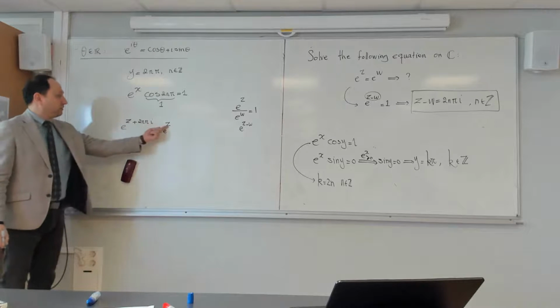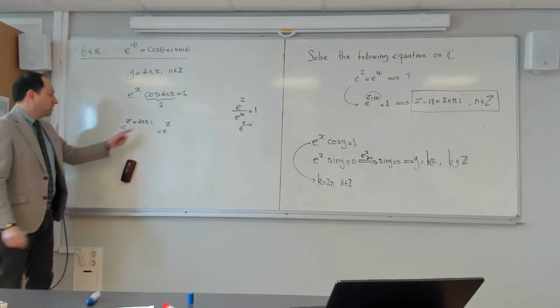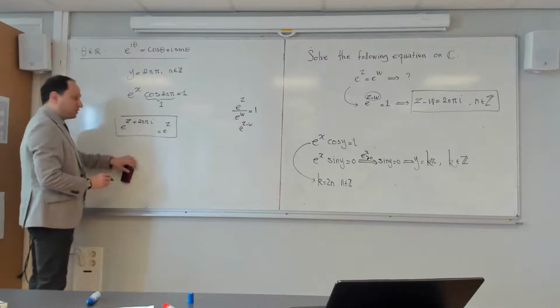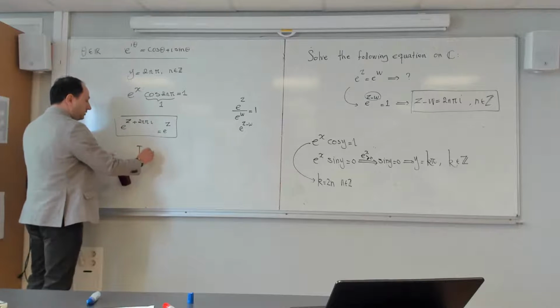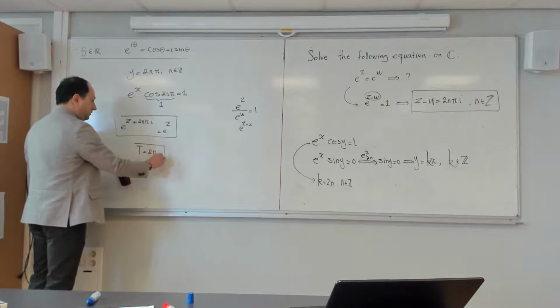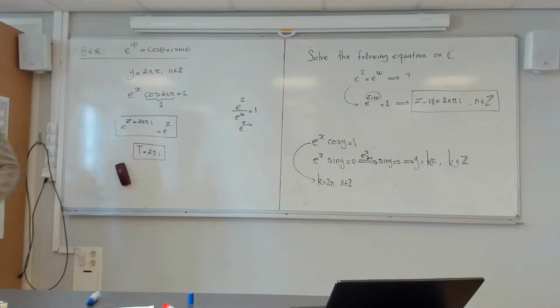Because the difference between these two is an even multiple of pi times i. So this is a periodic function, and the period is complex. So what is the fundamental period? The smallest value is when I choose n equal to 1. So this would be the period of that function. And the period is also complex here, yes?